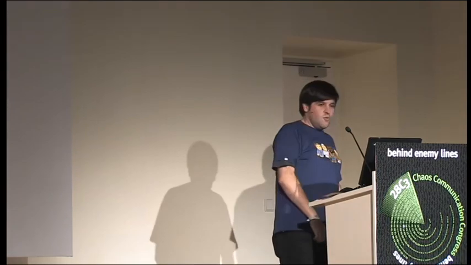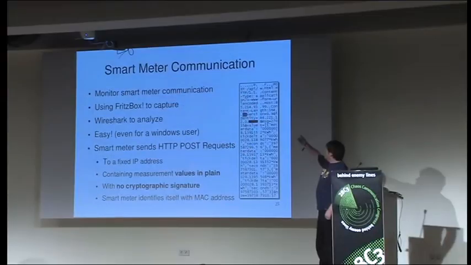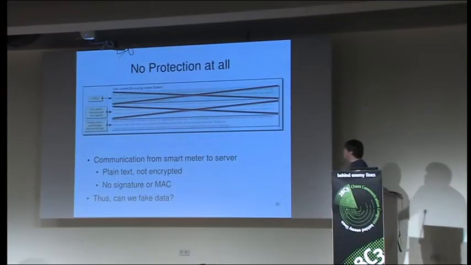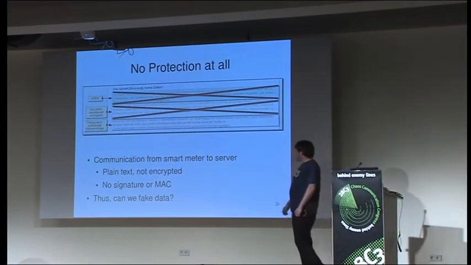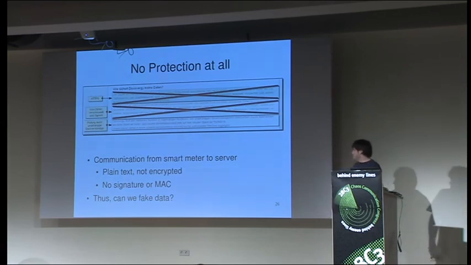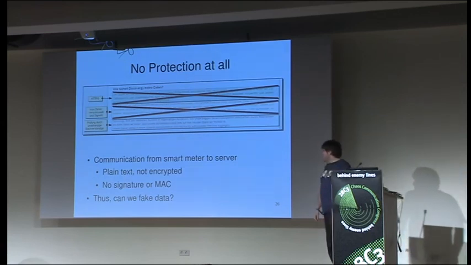What we observed is that the smart meter provides its own identity by using its own MAC address. So there's no protection at all. Communication from the smart meter to the server is in plain text: not encrypted, no signature, and no MAC. And MAC, by the way, is message authentication code.